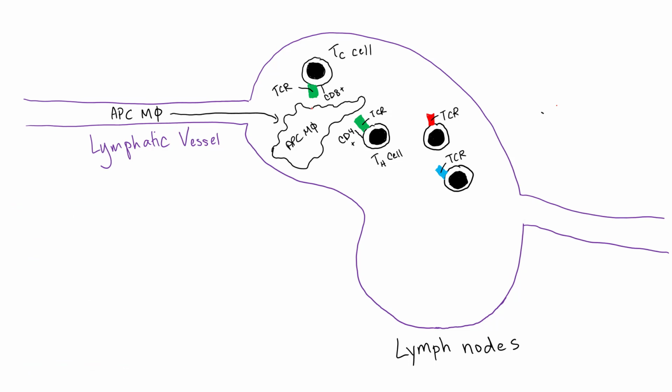So the MHC1 complex to antigen will present to the cytotoxic T cells. So cytotoxic T cells only recognize antigen complex to MHC1, and the helper T cell recognizes MHC2 complex to antigen.